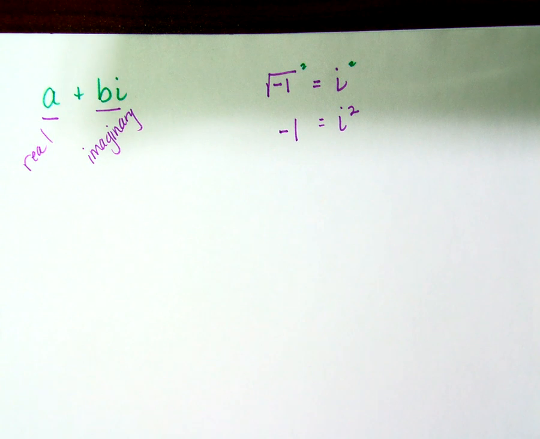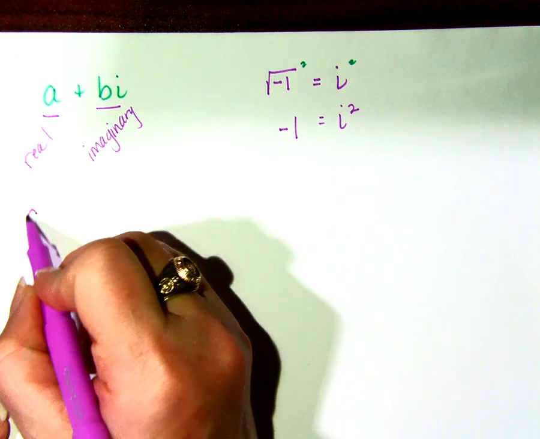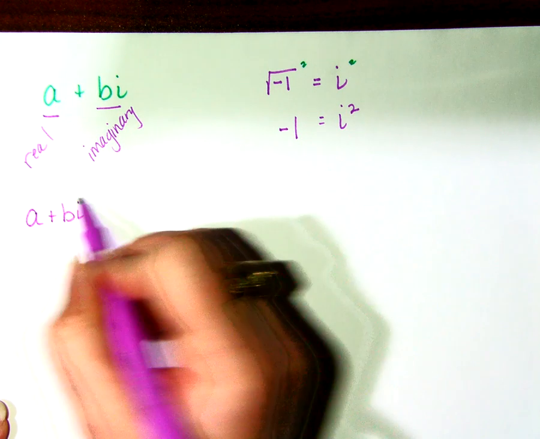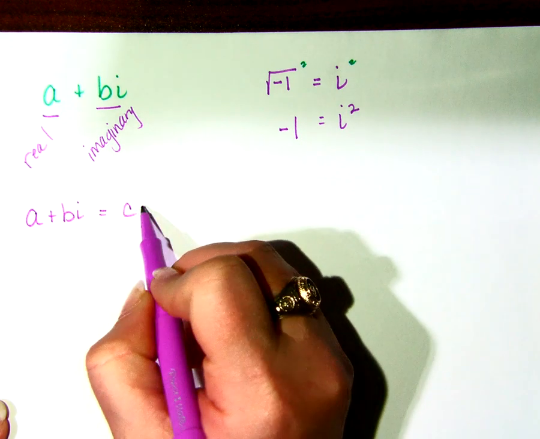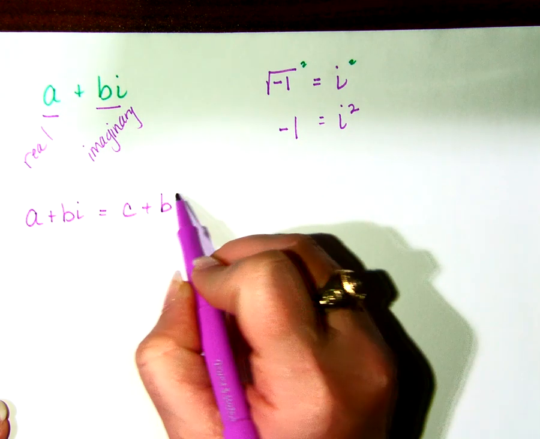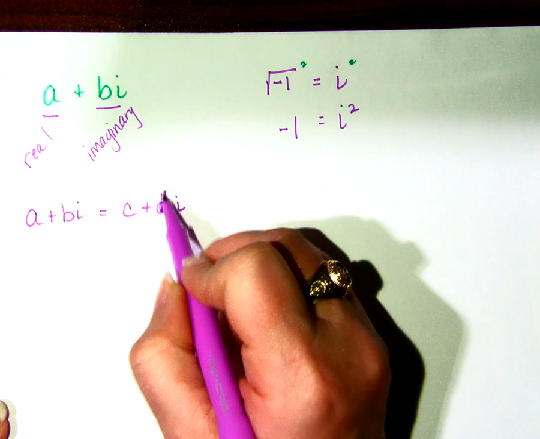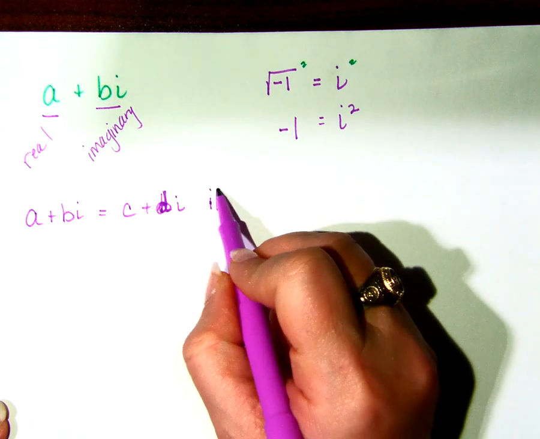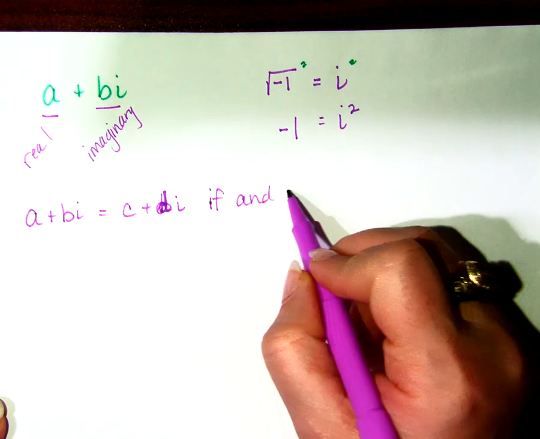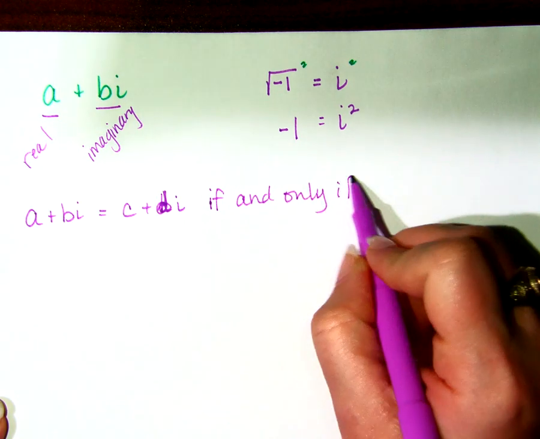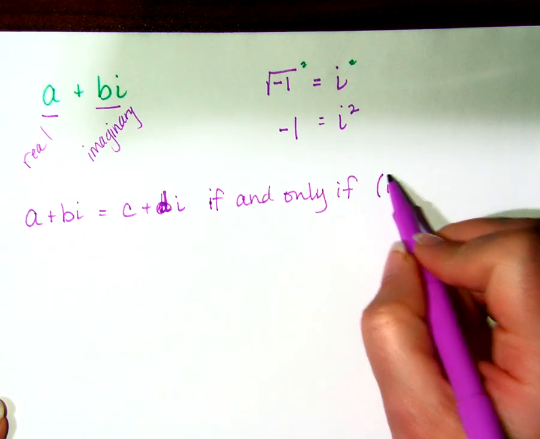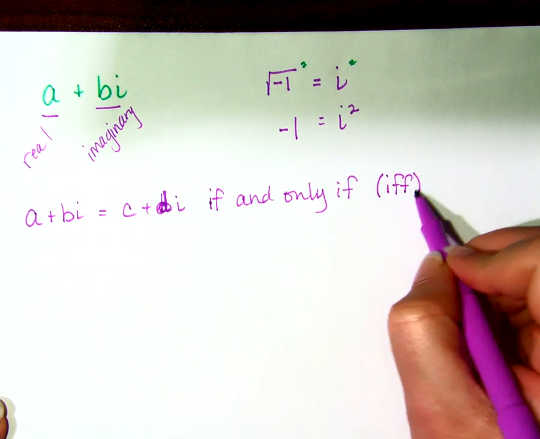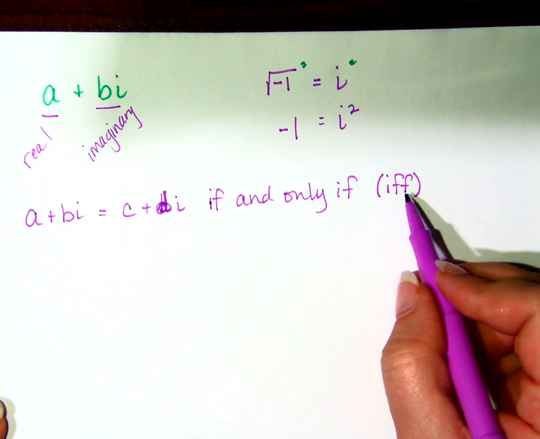Okay, there's a definition that I need you to know. a plus bi equals c plus di, except that's supposed to be a d. Sorry about that. If and only if. Have you guys ever seen this before? The iff.